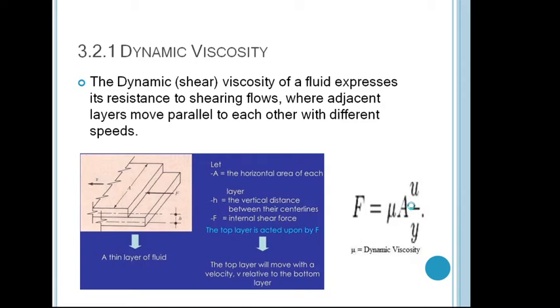So in short, if I am talking about viscosity in general, we can call that kind of viscosity dynamic viscosity. If in the numerical of this topic the value of viscosity is given in the numerical statement, then you should assume that the value of dynamic viscosity is given for the fluid.